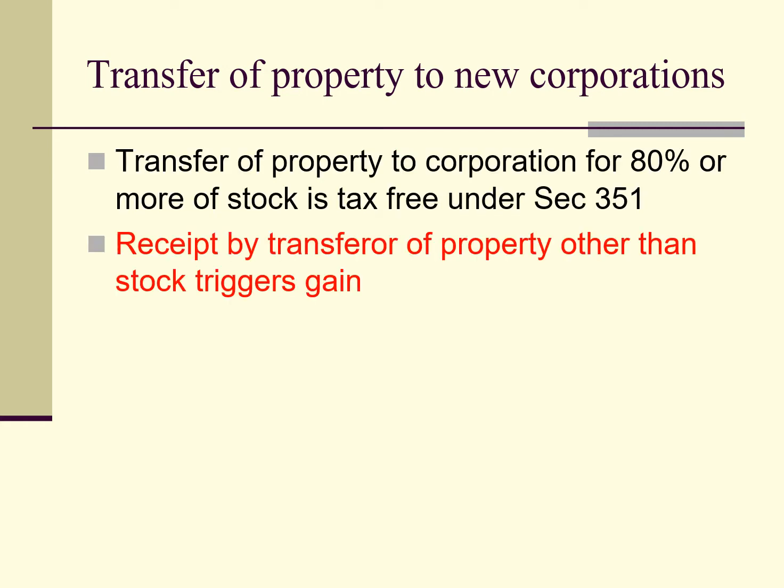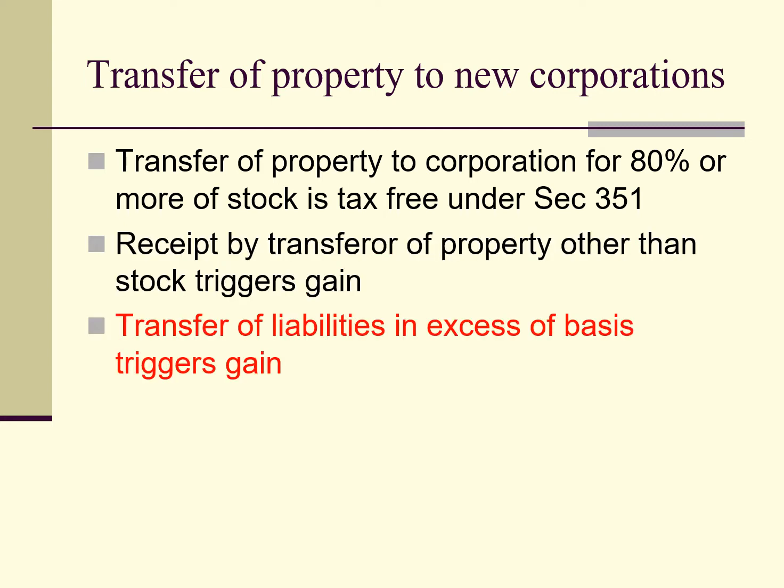Gain is ordinarily recognized in a property transfer when property other than stock is received by the transferor. In addition, when the liabilities transferred in connection with the property exceed the basis of the property transferred, then gain is ordinarily recognized.